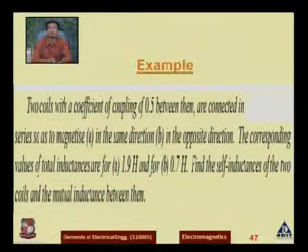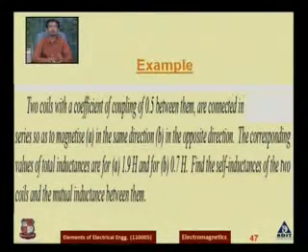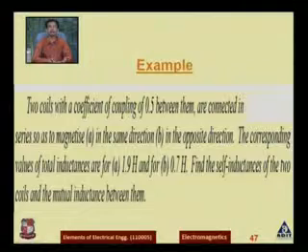Now we will solve one example based on the magnetic circuit. Two coils with a coefficient of coupling of 0.5 between them are connected in series. As they are connected in series, they can get magnetized.